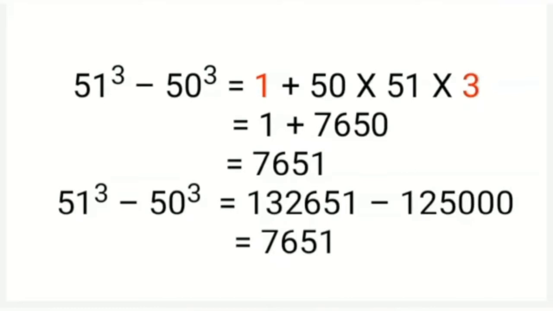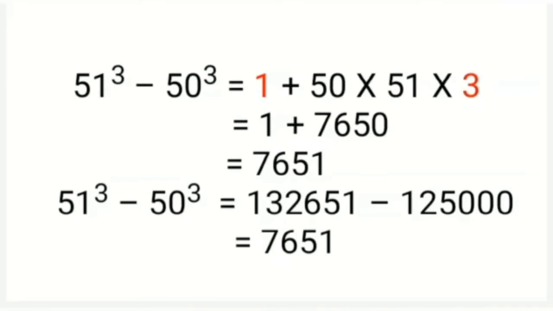And now just imagine first finding the cube of 51, that is 1,32,651, and then again finding the cube of 50, 1,25,000, and then subtracting it, right? Don't you think it will take time for us? But see students, the pattern makes our calculation easy and fast.